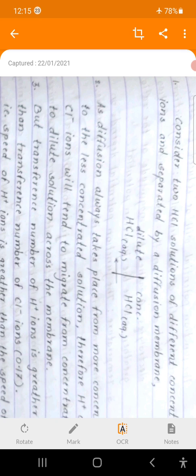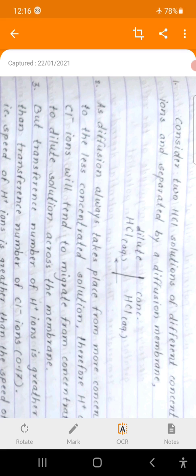If we compare the transference number of H plus and Cl minus, then the transference number of H plus is far greater than the transference number of Cl minus ions. Therefore, when H plus and Cl minus ions from concentrated solution start to move towards dilute solutions, at that time what happens?